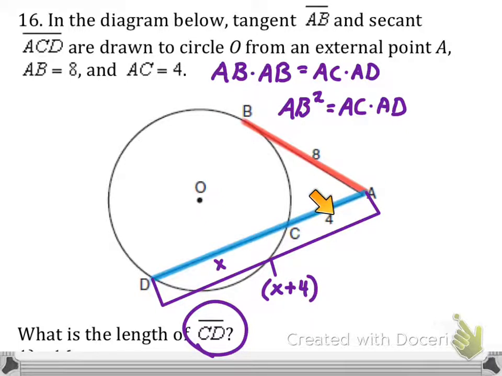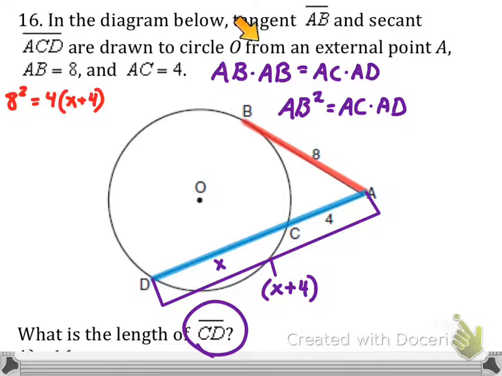So just be careful with what they're asking you and what they're giving you. So here, and I bracket this so I can tell that this whole length, AD, is X plus 4. Remember, to find the distance of something, I'm going to add them together. So this whole line segment, AD, is X plus 4.